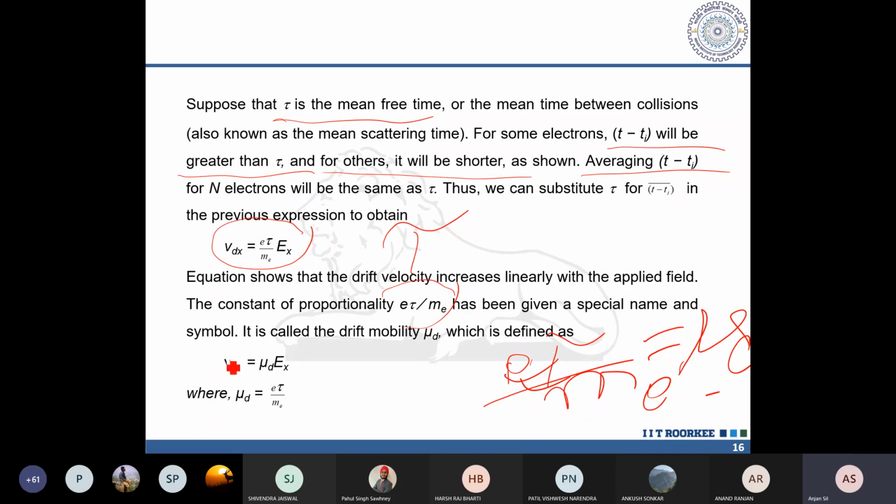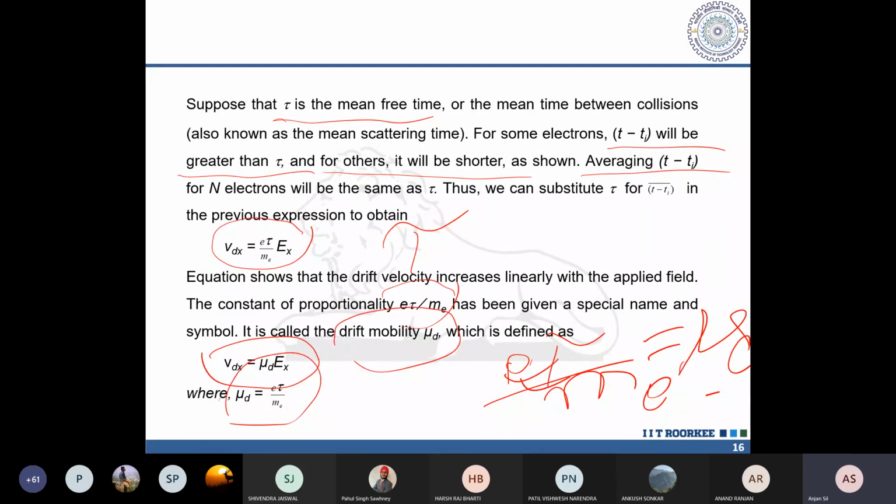So vdx is equal to mu d Ex, you understand, and mu d is nothing but e tau by m. So e is the electronic charge, m is the mass in kg or gram, whatever, and tau is the time. So you can understand what the unit of mobility will be. This constant of proportionality is called the drift mobility, mind it. So drift mobility is expressed this way.